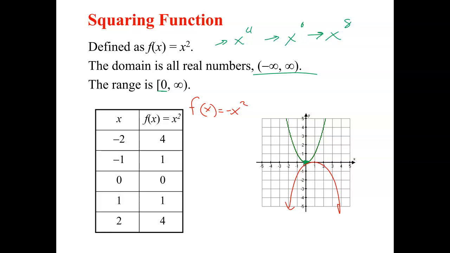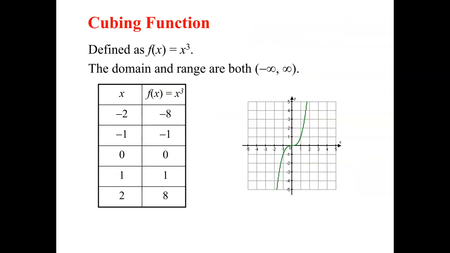Domain is still all real numbers, but the range is now negative infinity to 0. So wherever that vertex is, in whichever direction it's facing, is going to change where your range is. Okay? But all of those even power exponents have that same pattern for domain and range.